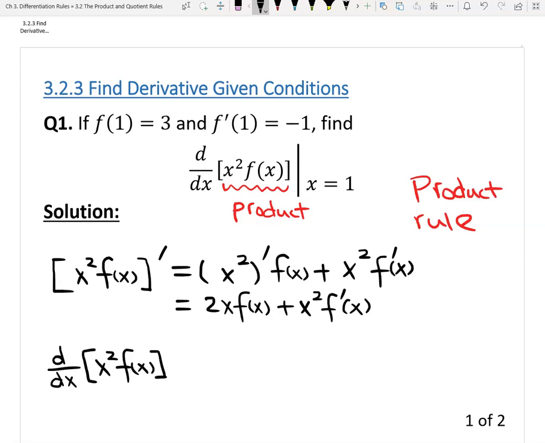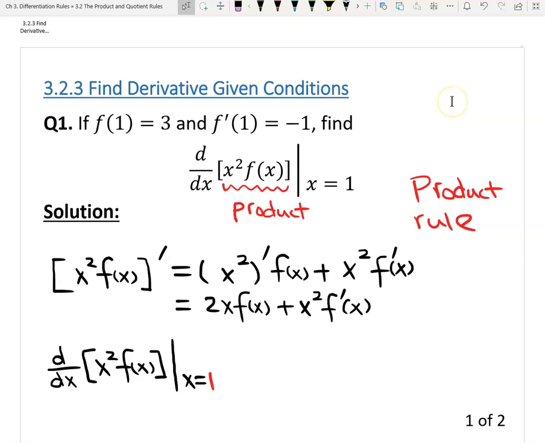Then we add x equals 1. Let me highlight the 1, because this 1 is the point. We need to plug it into the derivative function. We plug in this 1, and then we can calculate the value. That's all we need to do, the second step.